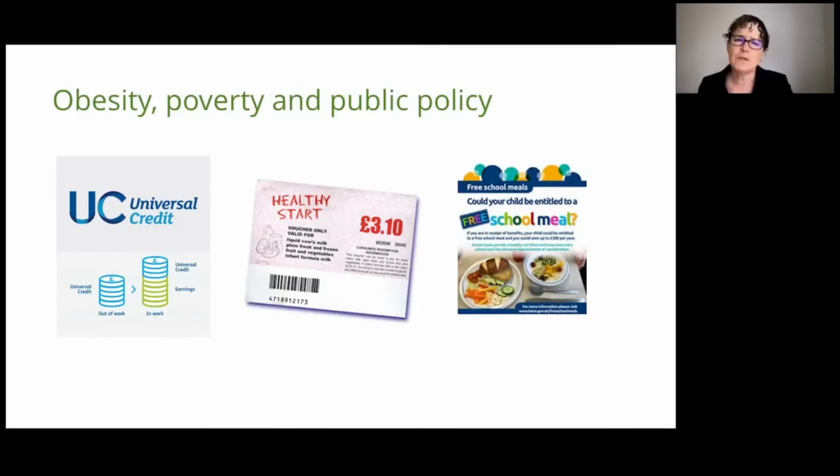But free school meals and Healthy Start vouchers, while they provide a relatively small amount in income terms, are a very important part of the safety net in protecting children from impoverished families from hunger and poor nutrition. They're both targeted at the poorest households, and they directly are targeted at improving nutrition. So looking at how these policies could be extended and expanded to most effectively target the most vulnerable children will be important.